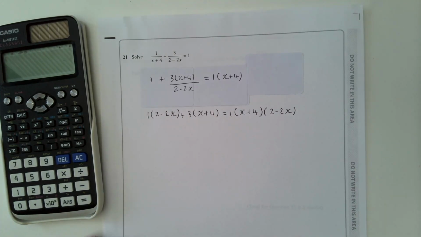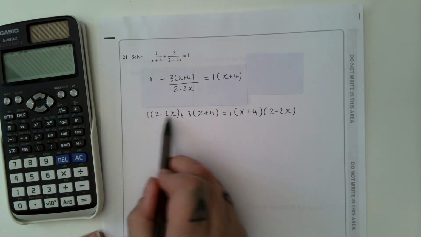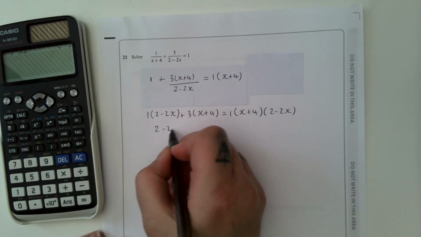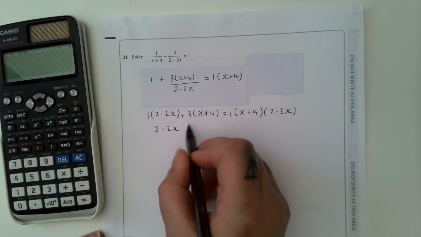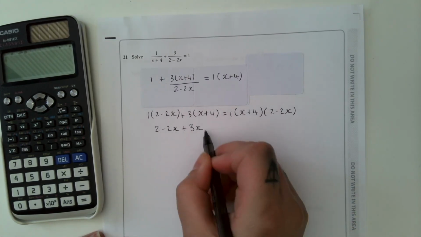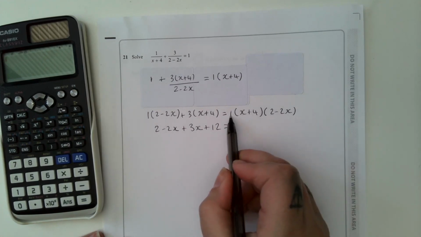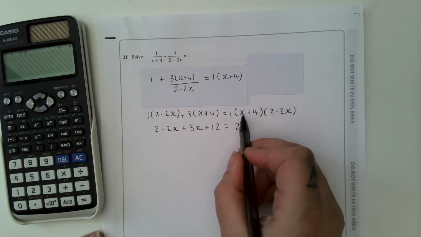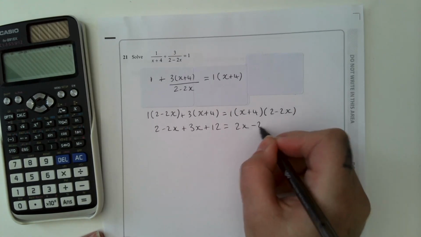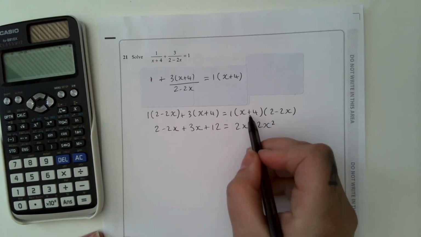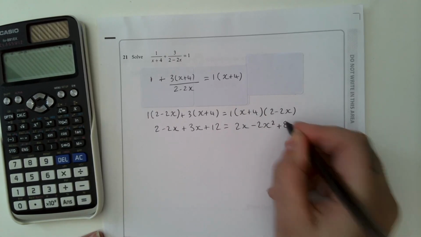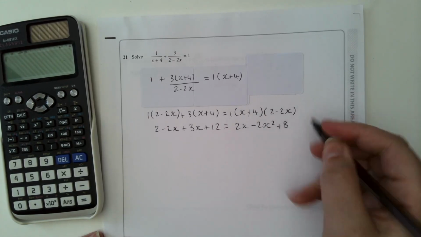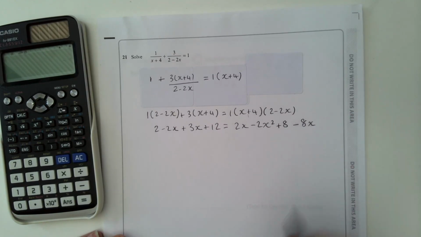So now it's a case of expanding and simplifying. So this 1 times just leaves us with that. 3 times x is 3x, 3 times 4 is 12. 1 times leaves us with that, so x times 2 is 2x. X times negative 2x is negative 2x squared. 4 times 2 is positive 8. And 4 times negative 2x is negative 8x.